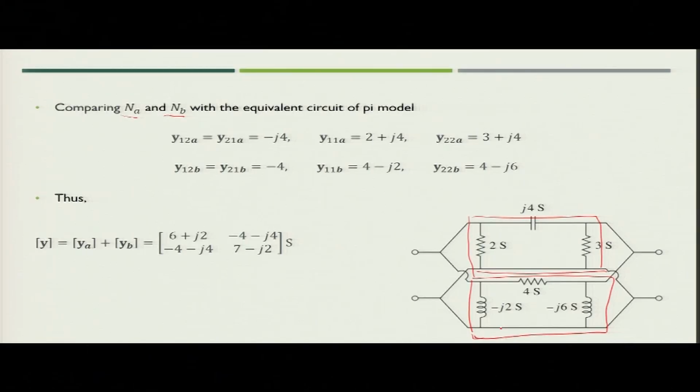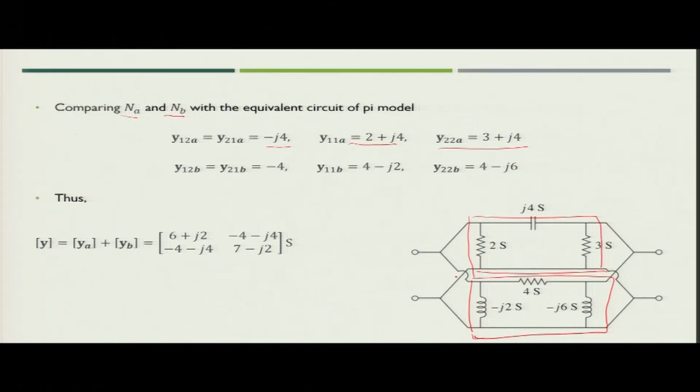If you recollect how we compile the individual elements of Y parameters, we can write Y12A is equal to Y21A is equal to minus of the connection between the left and right leg. So, that is minus J4. Similarly, Y11A will be equal to 2 plus 4J in this case, and Y22A is equal to 3 plus 4J.